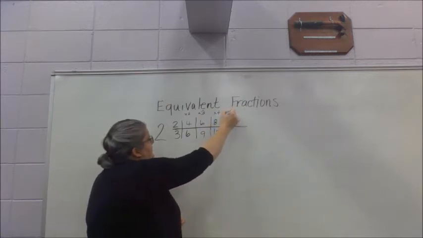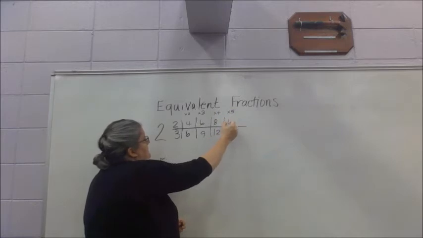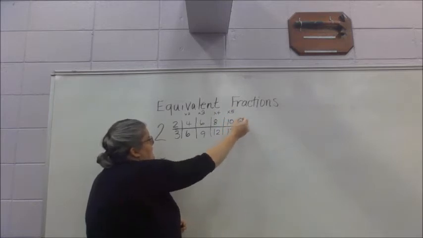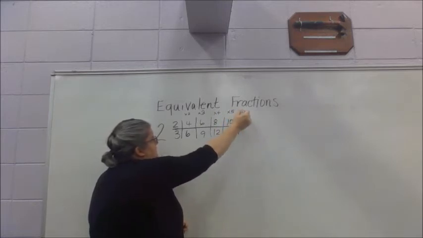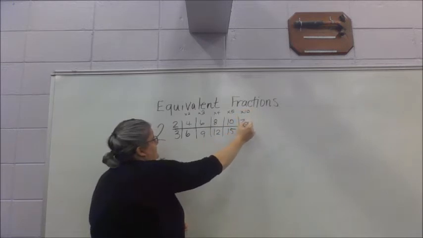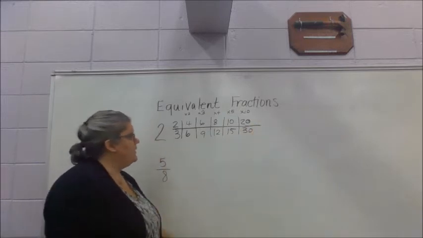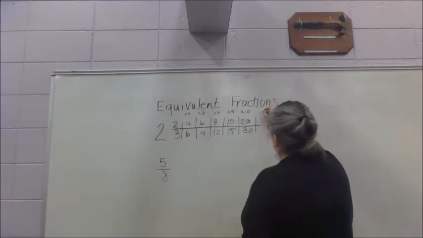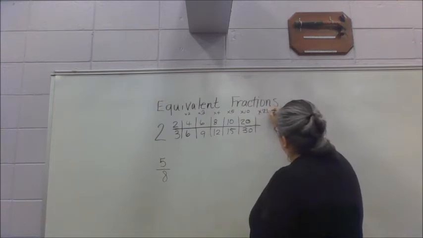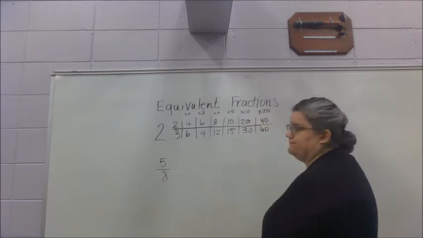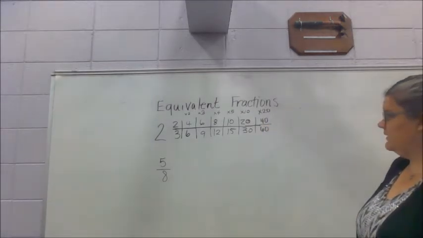I'm going to multiply by 5. And I could keep going. I'm going to skip. I'm going to multiply by 10. So that's 20/30. This is just an easy way to keep going in a very organized way and get equivalent fractions across the board. So that's a way to get equivalent fractions.